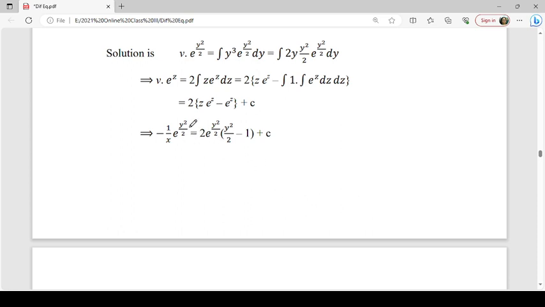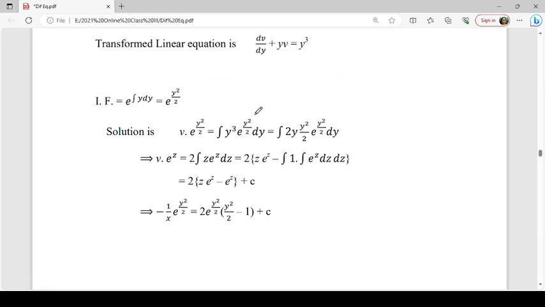In terms of v and y, we get e to the power y square by 2. So to simplify this equation, we write this as z, so this is e to the power z.